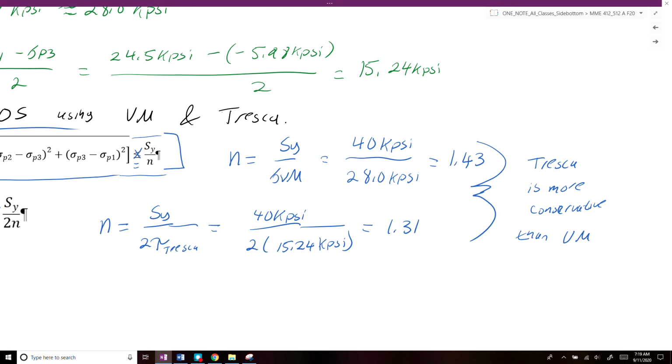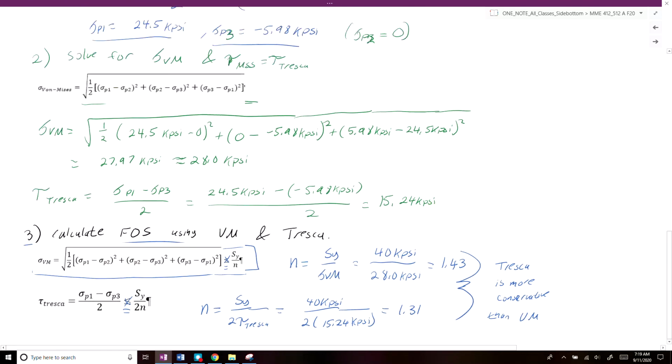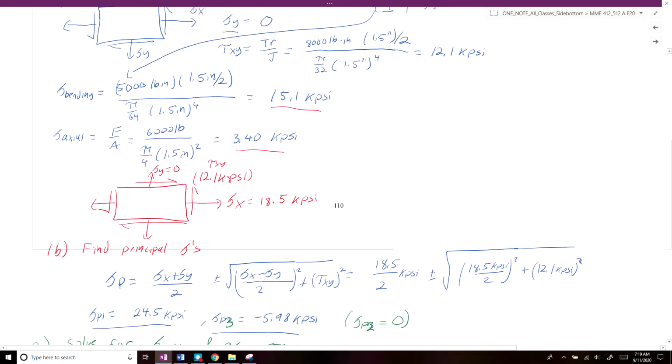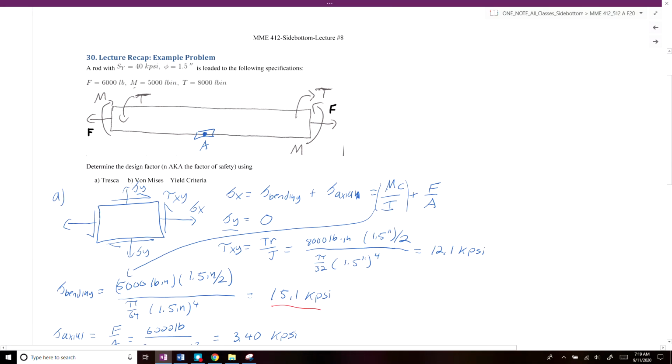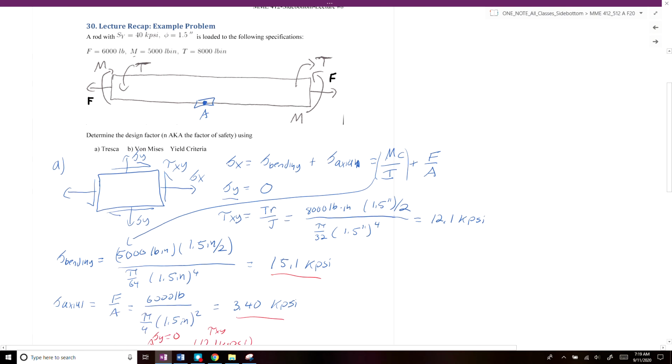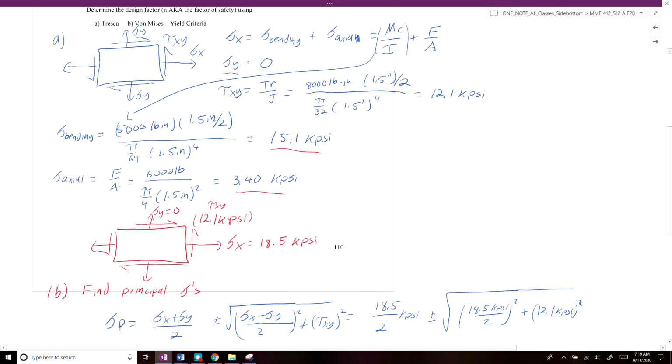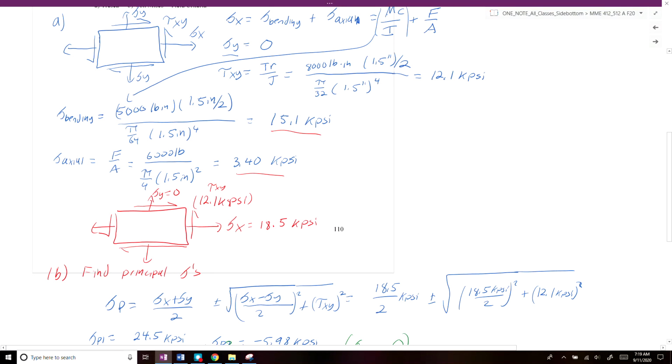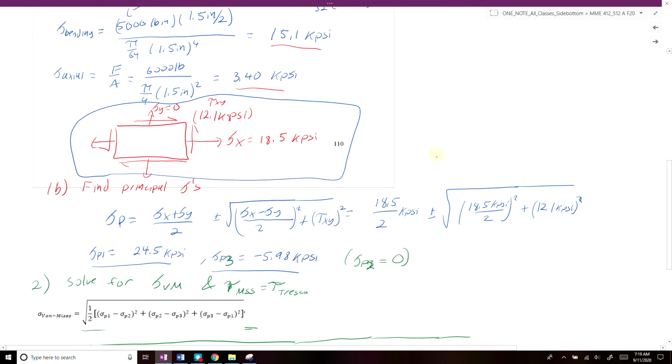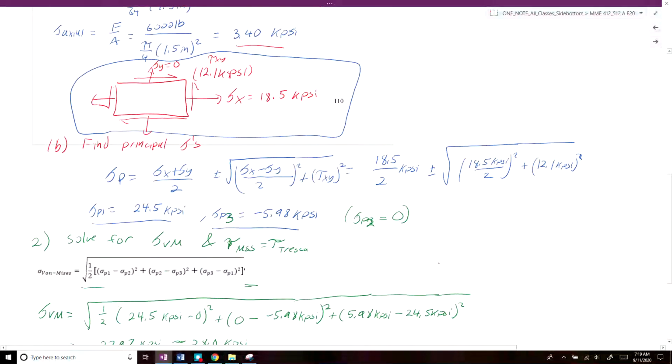Okay. So just to recap what we did in this problem, we first were given a loading situation, and then we had to calculate the state of stress within the system, which we did here. Then using that state of stress, we could use our principal stress equations to solve for the principal stresses at that point.